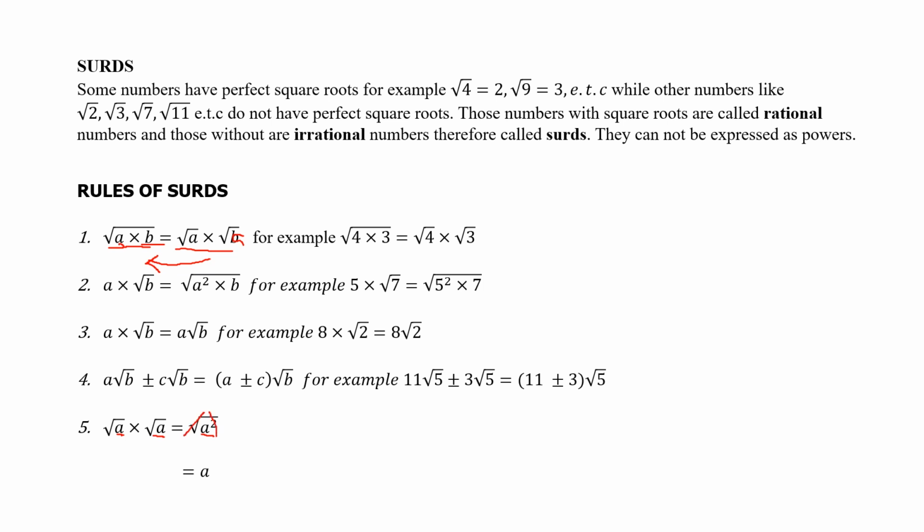In index form we saw that we have just a. An example is root of 2 times root of 2, and this is going to be equal to root of 2 squared. The square cancels with the root, and we finally have the answer as 2.